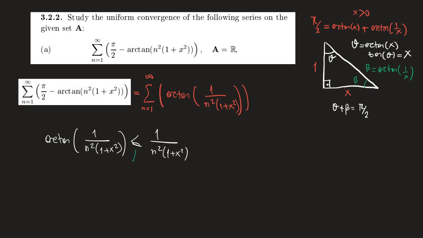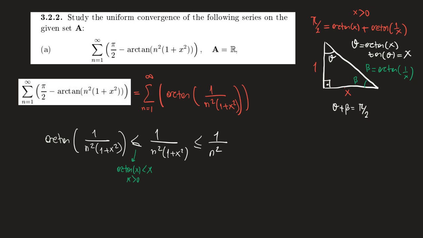Of course, I'm talking about positive numbers. Then obviously x square is always positive or 0, so this is bigger or equal to 1. So this whole thing is less than 1 over n square.